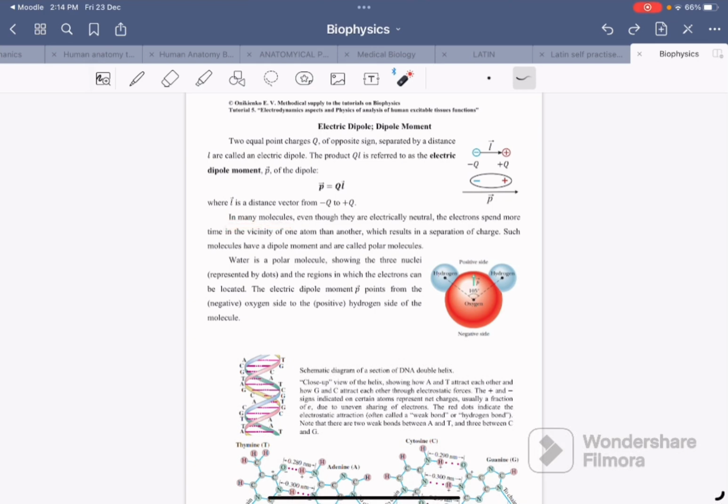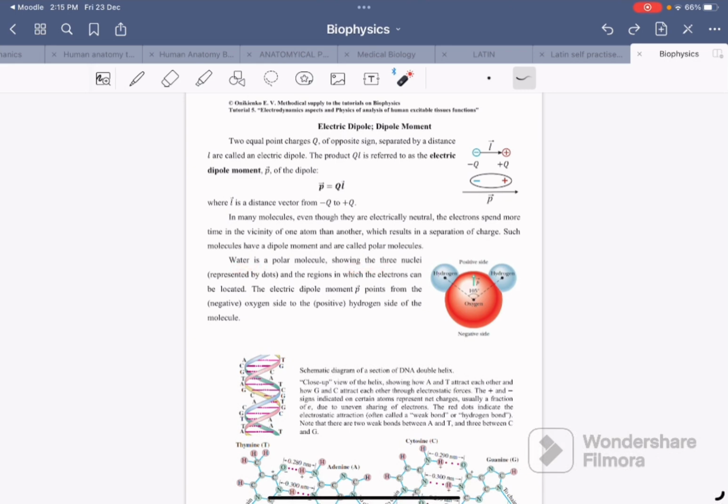In many molecules, even though they are electrically neutral, the electrons spend more time in the vicinity of one atom than another, which results in the separation of charge. Such molecules have a dipole moment and are called polar molecules.